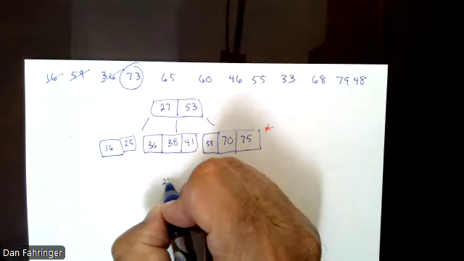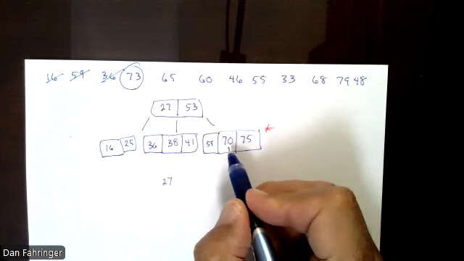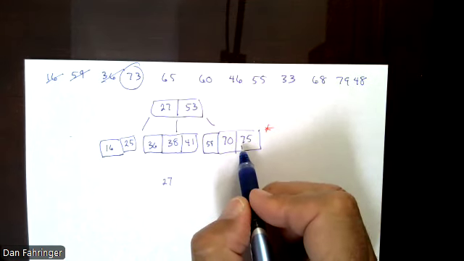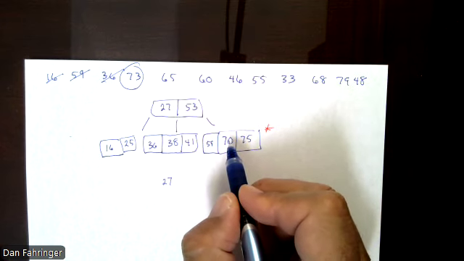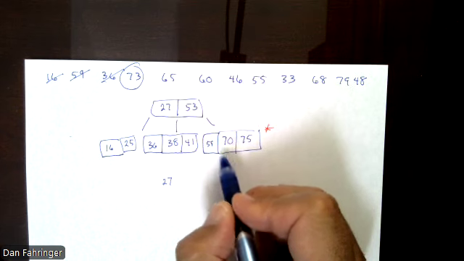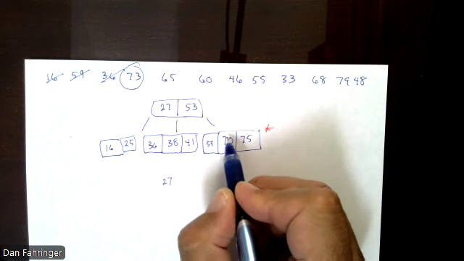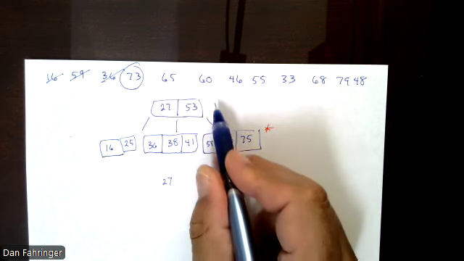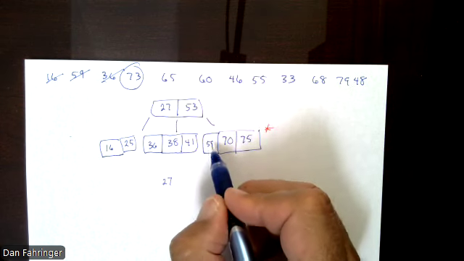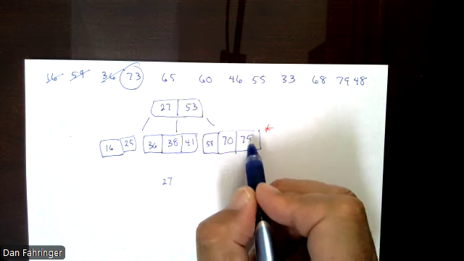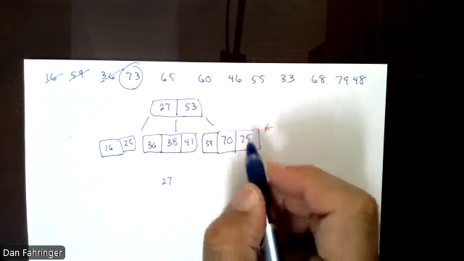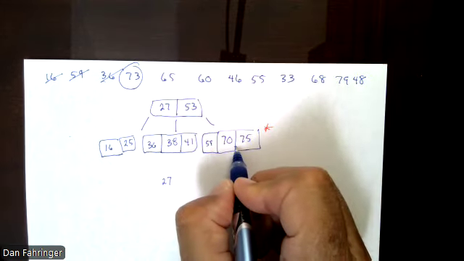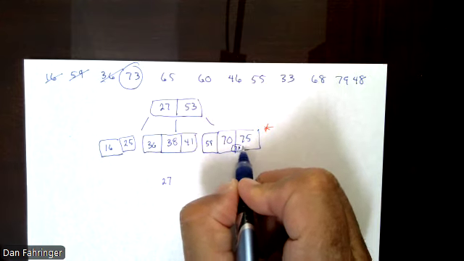Would the 59 be pushed up to the top? No. What did we push the last time? The one that was in the middle went up, and what was on the left went left, and what was on the right went to the right of it. Still have room up there. So 73 is going to come in here somewhere. It's going to be on the right.